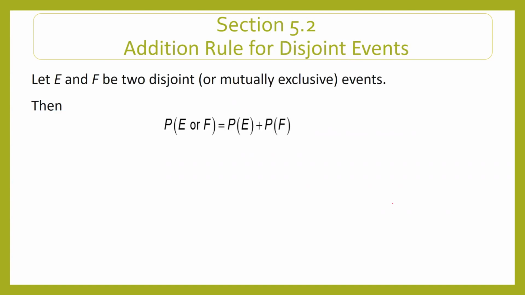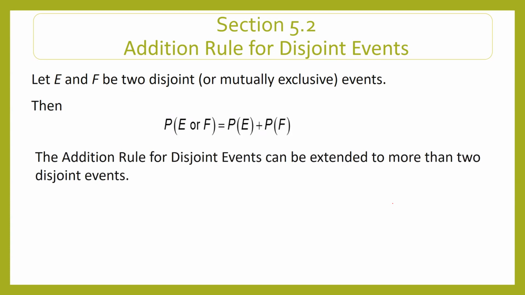Okay, so when I have two events that are disjoint or mutually exclusive, what will be the probability of E or F? Good news here, this is called the addition rule for disjoint events. The probability of E or F is given as probability of E plus probability of F, for E and F disjoint.